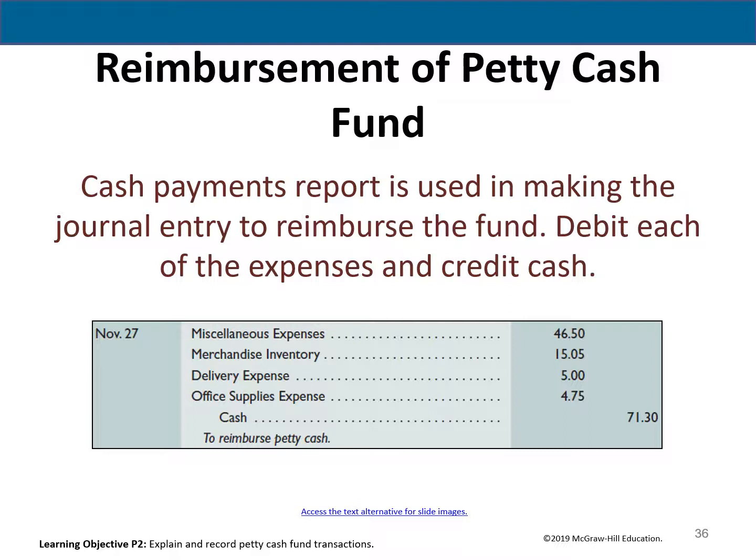So now the petty cash clerk is going to say, I need to replenish or reimburse my petty cash fund. I need to get bills and coins back in there. So they'll take all of those separate receipts and those little petty cash tickets, and they'll take them through that voucher process.